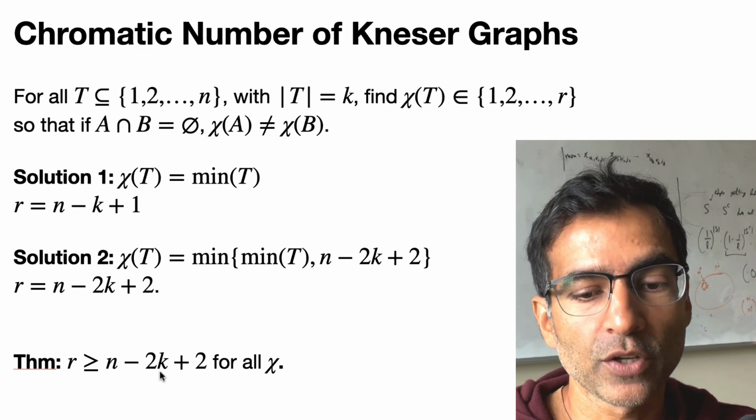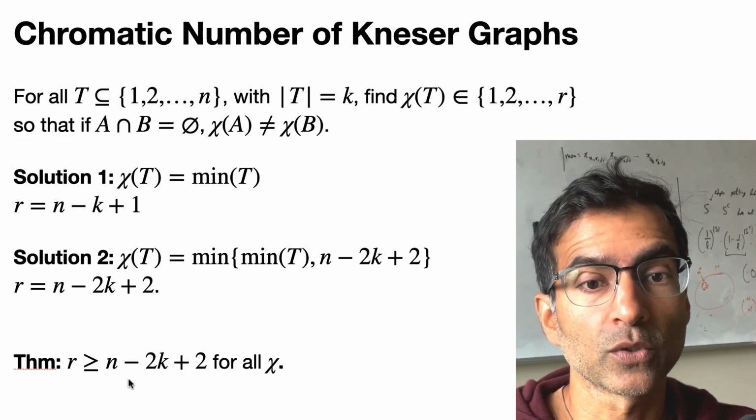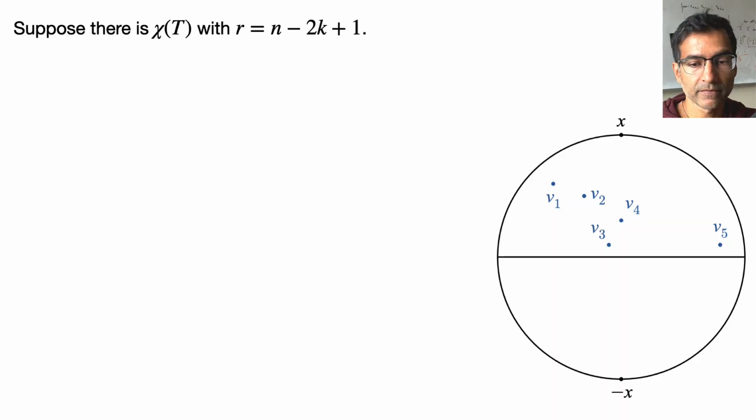Okay, so let me now show you how to prove this theorem using the Borsuk-Ulam theorem. So suppose, for the sake of contradiction, that we found some coloring with fewer colors. Now here's what we'll do.